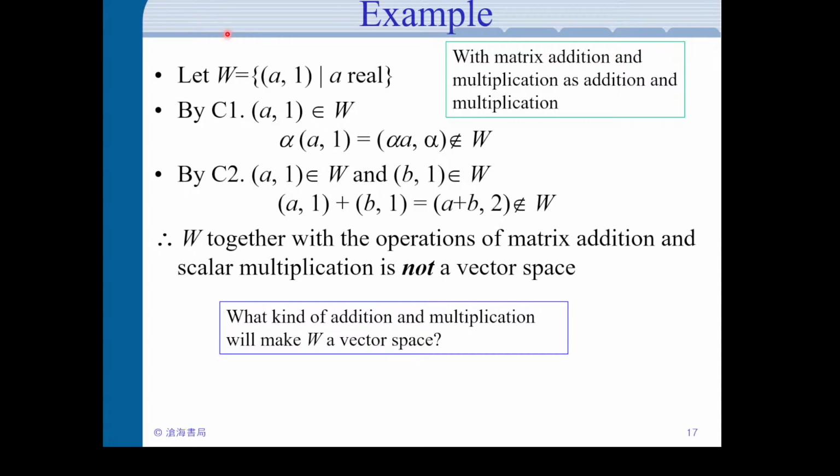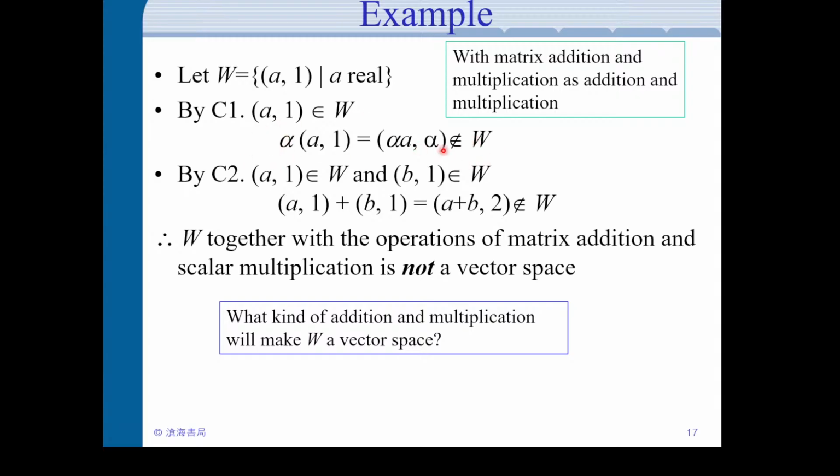First, we check closure C1. We want to see whether multiplying by any alpha keeps us inside W, and we see that the first rule we check already fails. If you multiply some alpha on a vector (a, 1) in W using matrix multiplication, you get (alpha a, alpha).